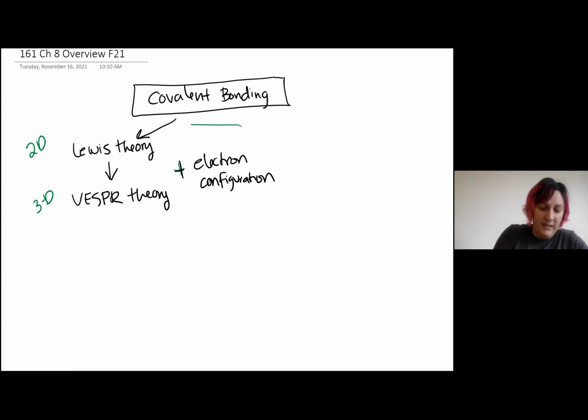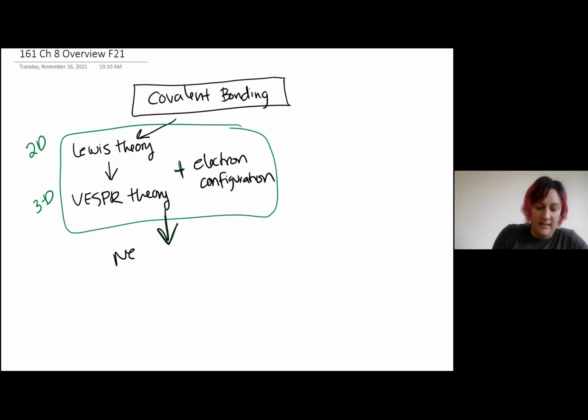And together, this doesn't make sense. We actually really need something else to explain it, because otherwise it would predict these really weird geometries with 90-degree angles, and we just don't see that. So we need a better explanation. And that's where we get valence bond theory.